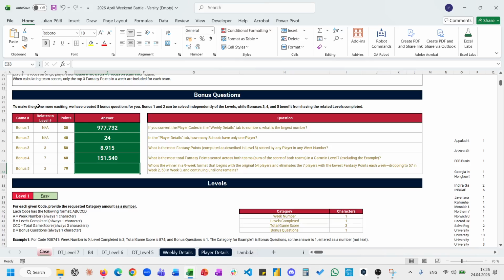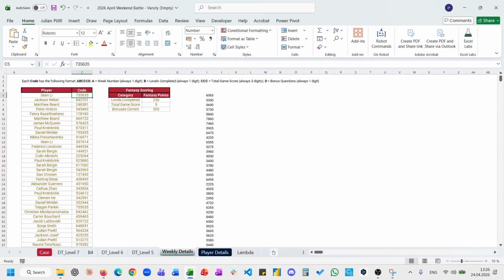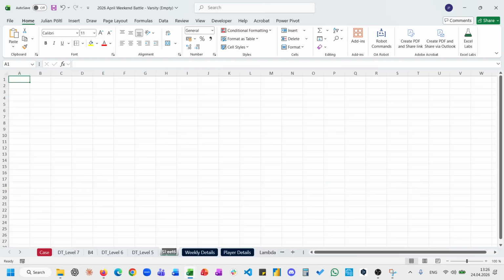Oh gosh. Who is the winner in a 9-week format that begins with the original 64 players and eliminates the players with the lowest fantasy score for each week? Okay. So we have to sort this. Interesting. B5.